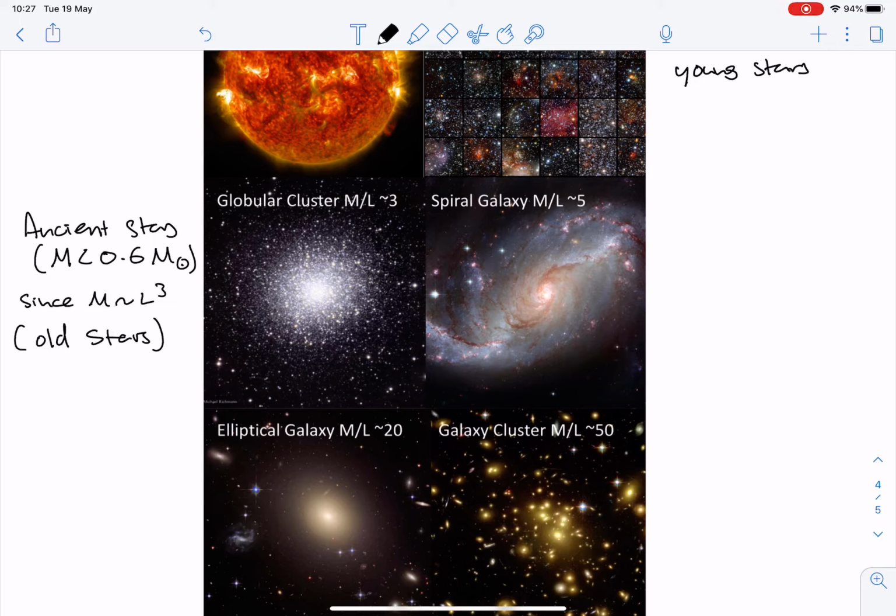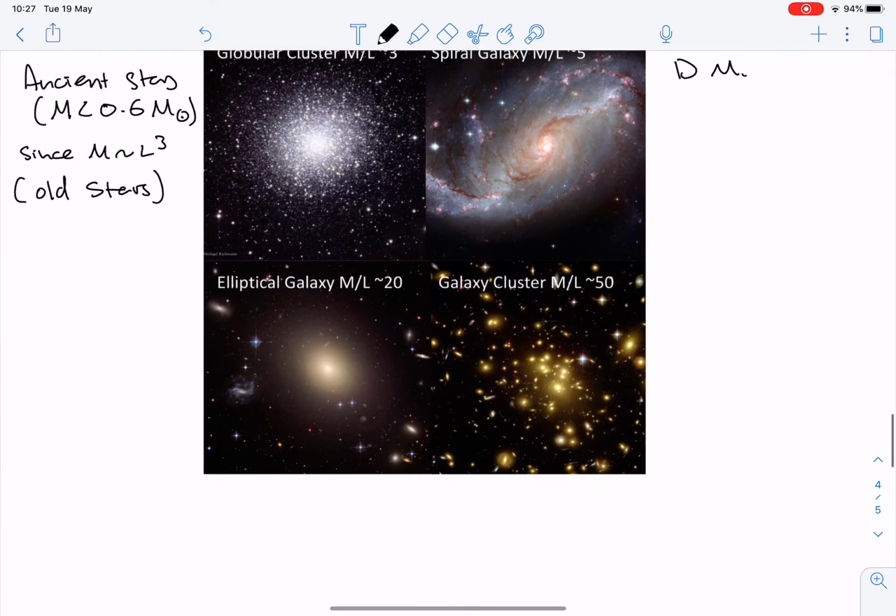On the other hand, you've got spiral galaxies here. The mass to light ratio of spiral galaxies is something like 5. Spiral galaxies also have quite a lot of young stars. So there is dark matter here. Elliptical galaxies, this is where you have to use the virial theorem to measure the mass. They have lots of dark matter. And galaxy clusters have even more dark matter. I.e. mass to light ratios can be 50, 100, or even more.